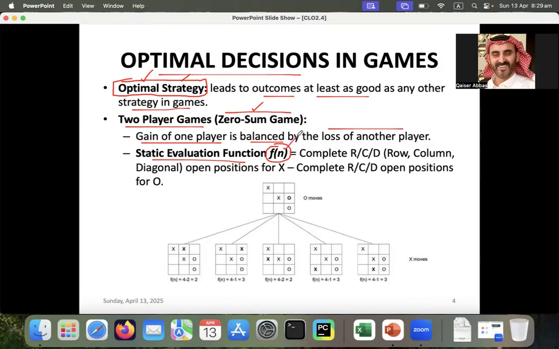The definition of f(n) is: the complete row, column, diagonal open positions for X, minus the complete row, column, diagonal open positions for O. We are discussing this for tic-tac-toe because that is a simple example. This is an equation written in theoretical form. We are going to understand this evaluation function here.